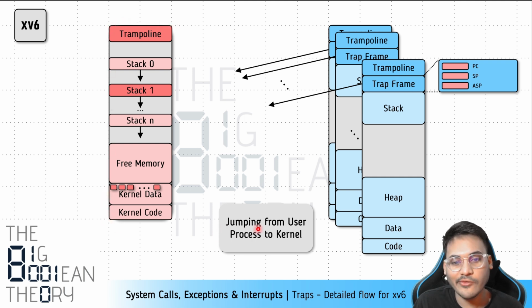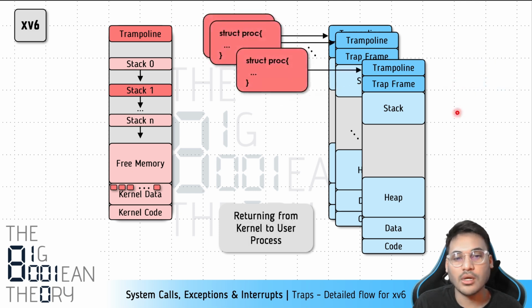For jumping from the user process to the kernel, in the address space of all the user processes there is a trap frame, and in the trap frame, the kernel has initialized these values. When each of these user processes was being created, the kernel put these values in the trap frame, and now when any user process wants to switch to the kernel, it can use these values to make the switch happen. So this was about jumping from the user process to the kernel.